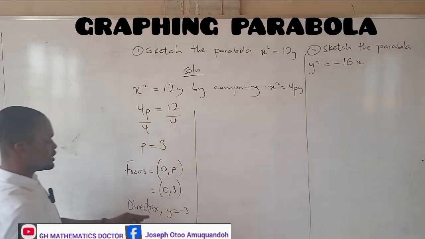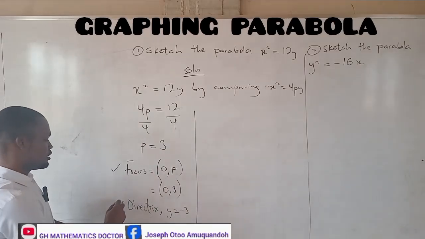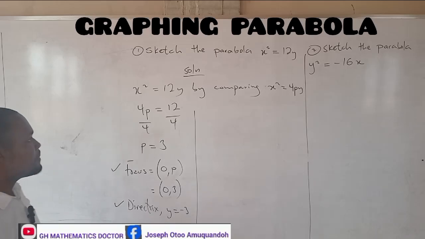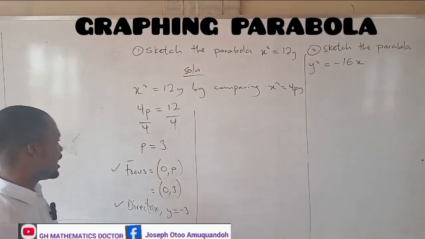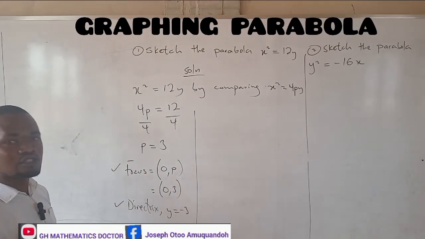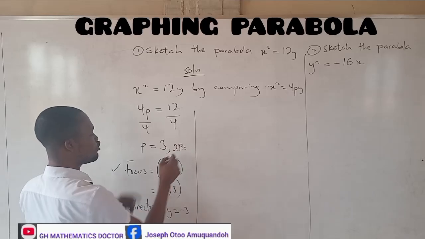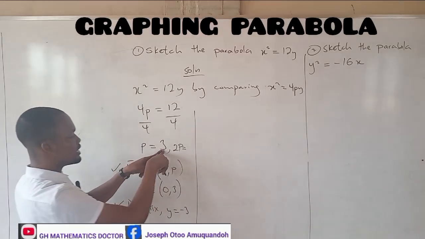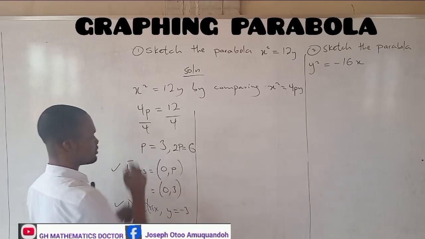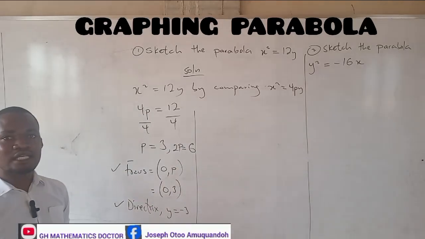We are going to use this information to sketch our parabola. But whenever you are sketching a parabola and you're able to find p, you have to continue and find 2p. So our 2p is equal to the double of this answer, and that will give you 6. We will use it to complete the sketch.